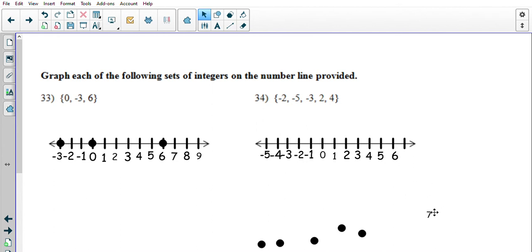This one, because it has both odd and even numbers, it may be a little harder to count by twos or threes or anything, but you can kind of estimate where some of those numbers are. I like to count by ones, though, in most cases, as long as they're not really spread out.